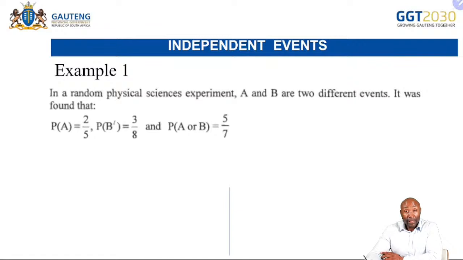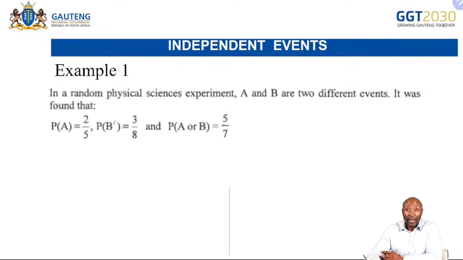It was found that the probability of A is 2 over 5, the probability of not B is 3 over 8, and the probability of A or B is equal to 5 over 7.